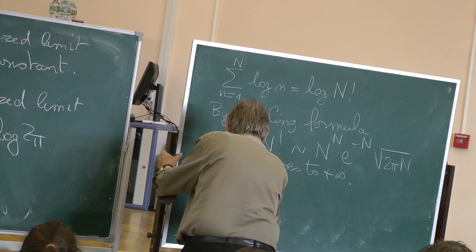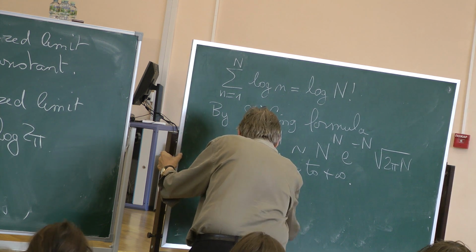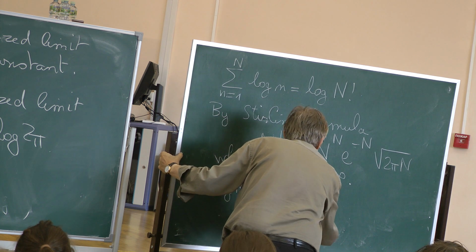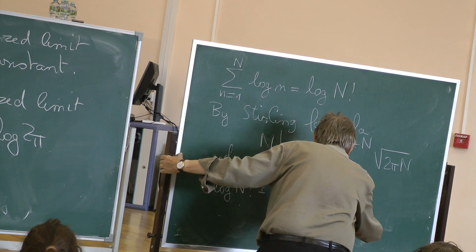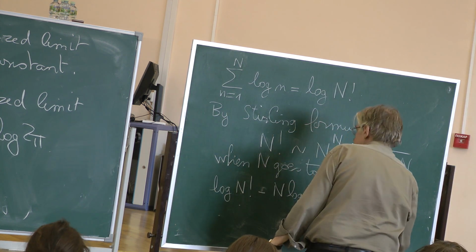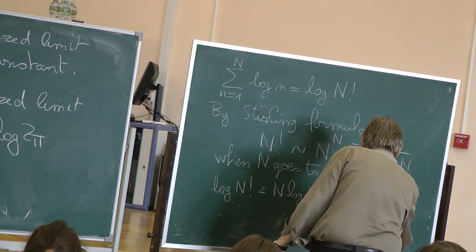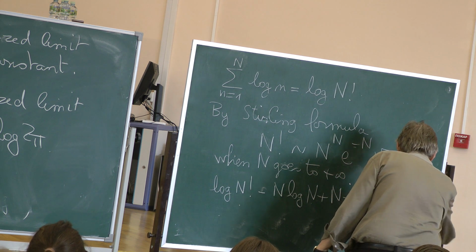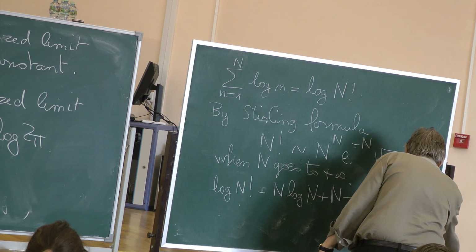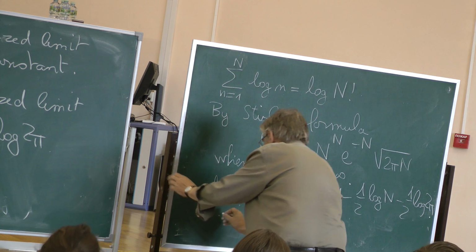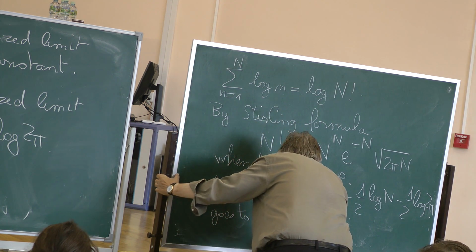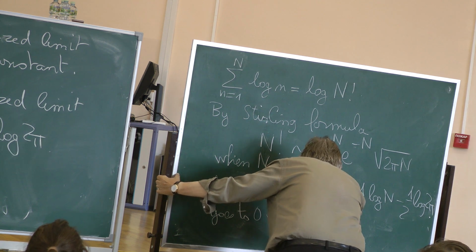So log of n factorial minus n log n plus n minus a half of log n minus a half log of 2 pi goes to 0 when n goes to infinity.